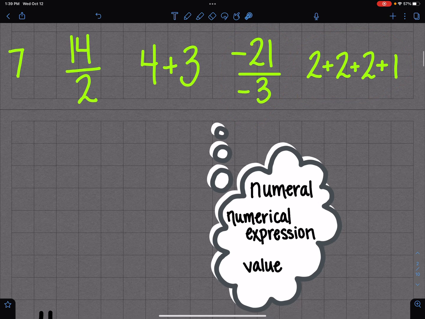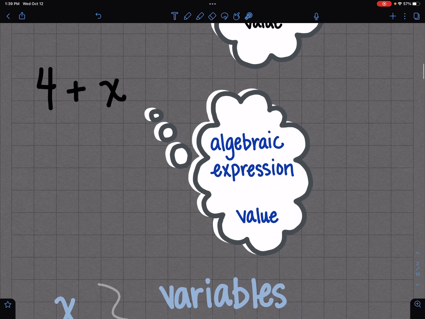Okay, now we're going to start adding letters, which are basically variables. And once you add letters to a group of numbers like that, then you have what we call an algebraic expression. The value of the algebraic expression we can define.